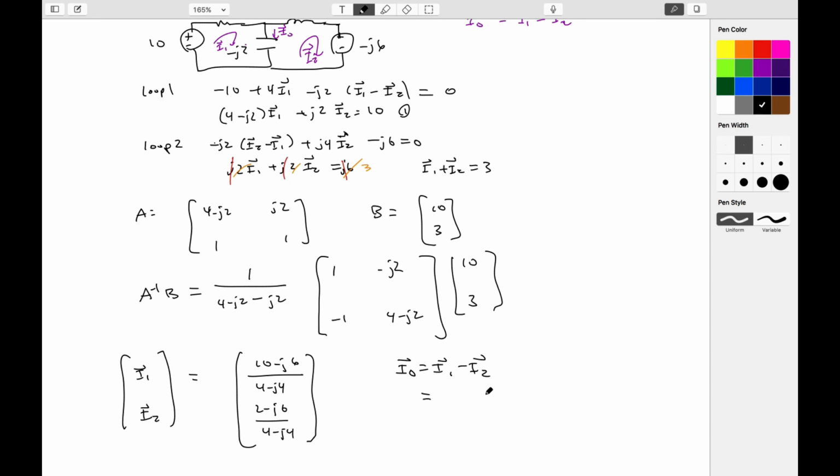So I naught is going to equal 10 minus j6 minus 2 plus j6 over 4 minus j4.